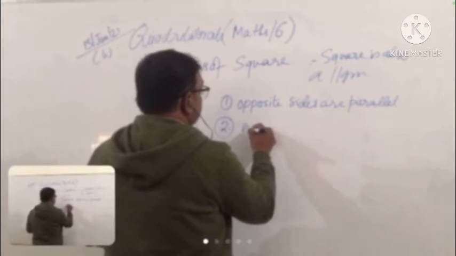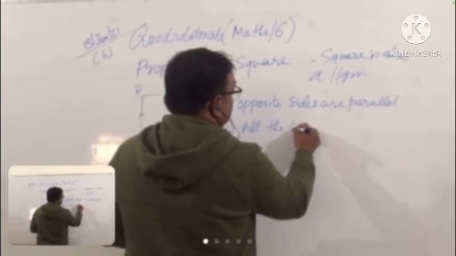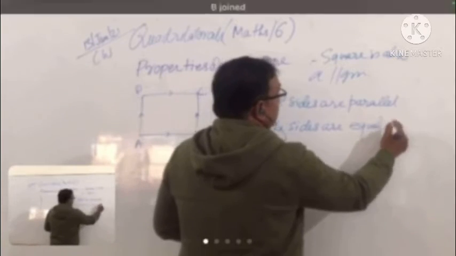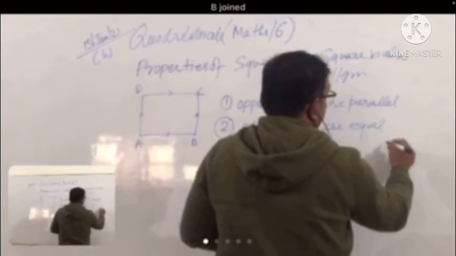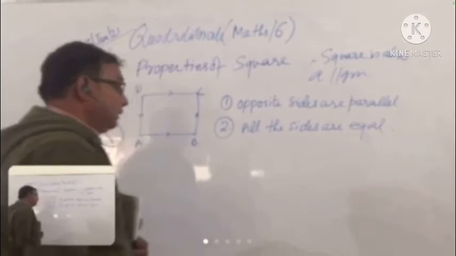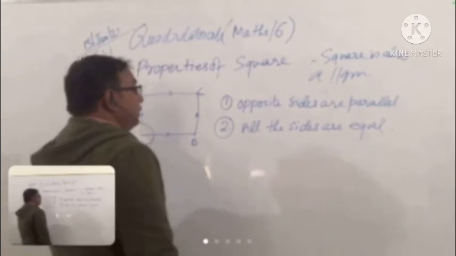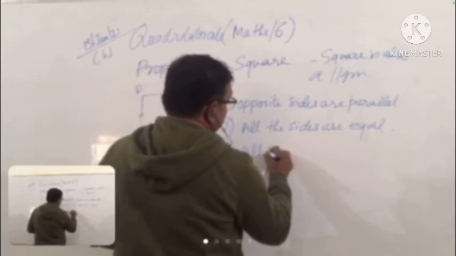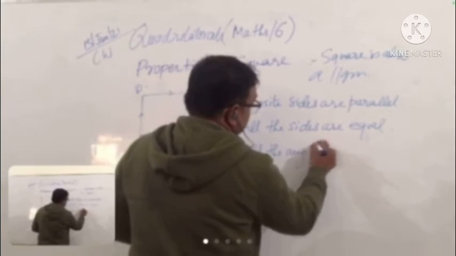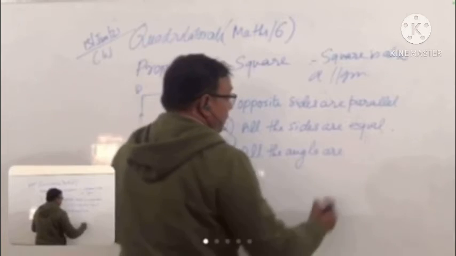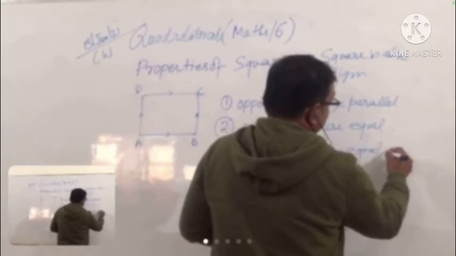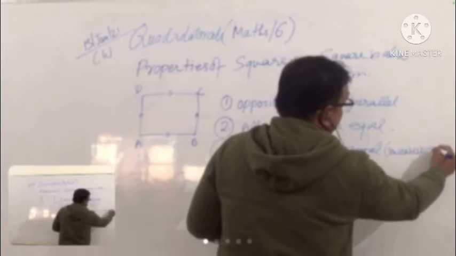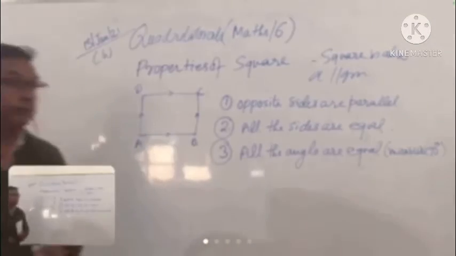Adjacent sides are non-parallel sides, and in a square all the sides are equal. Now the third property is all the angles are equal and measure 90 degrees, means if all the angles are 90 degrees, then it is a square.